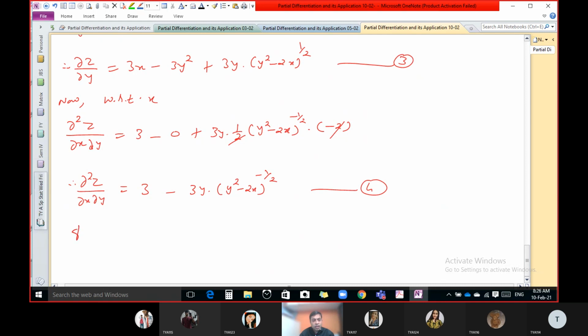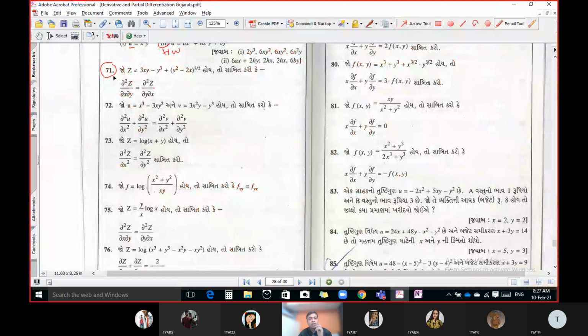So we can see that from equation 2 and 4, delta square z upon delta y delta x equals delta square z upon delta x delta y, and this is what we want to prove in this question number 17.